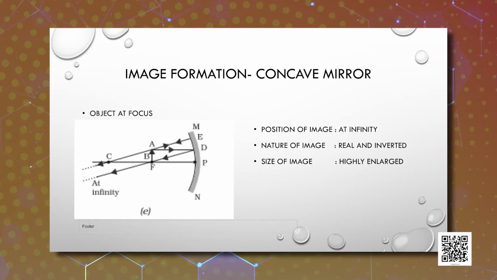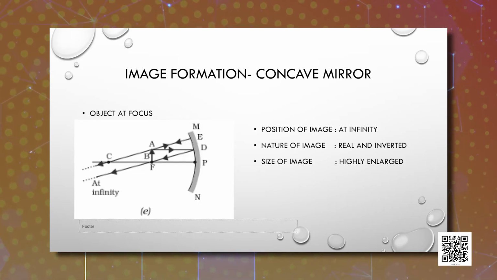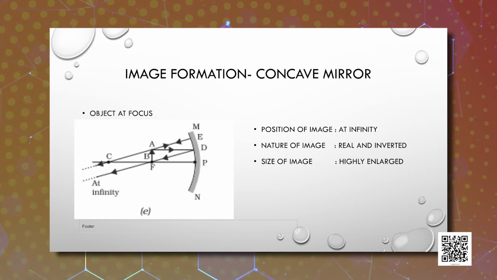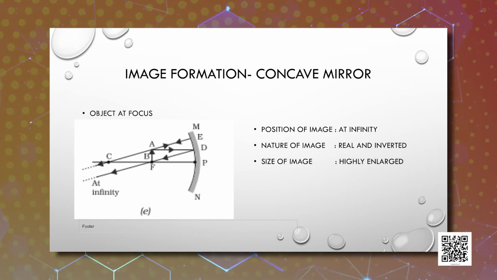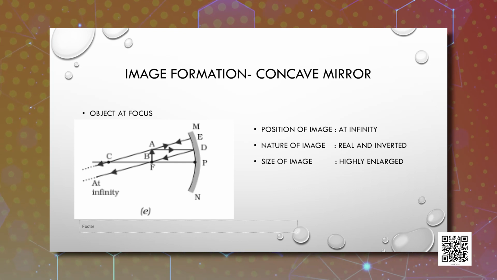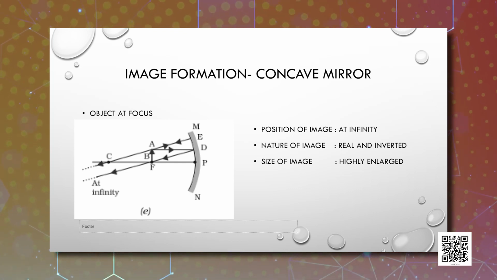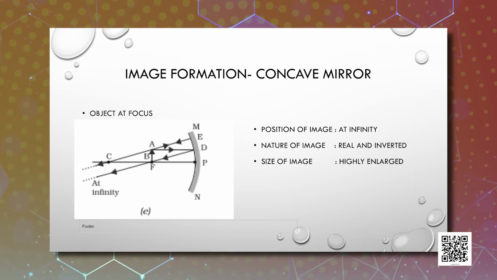Moving to our next case, when the object is placed between the center of curvature and focus of the mirror, again we will take two rays starting from the object. The first ray, which is parallel to the principal axis, after reflection from the mirror will pass through the focus of the mirror.